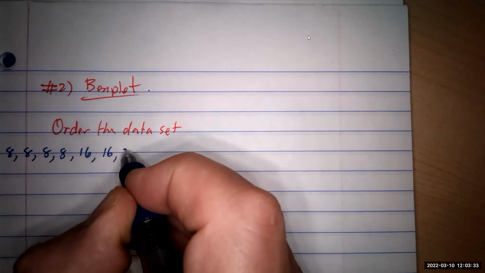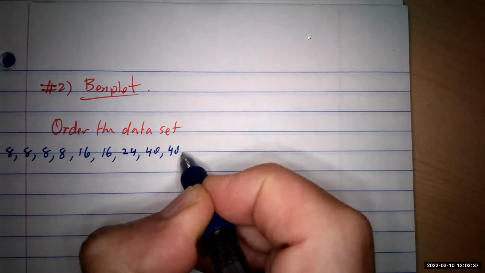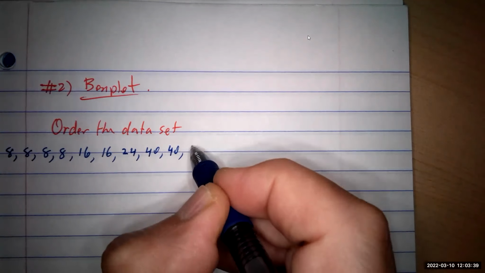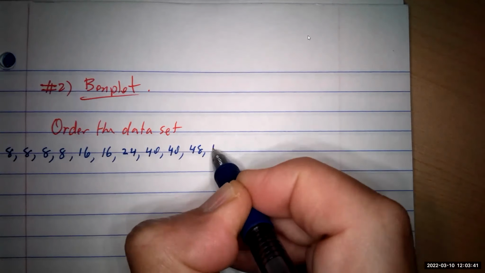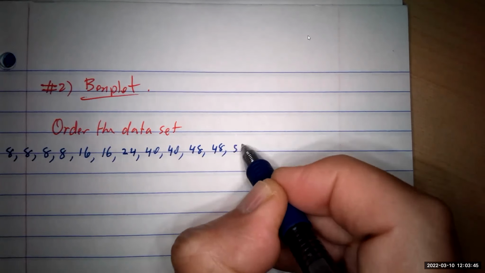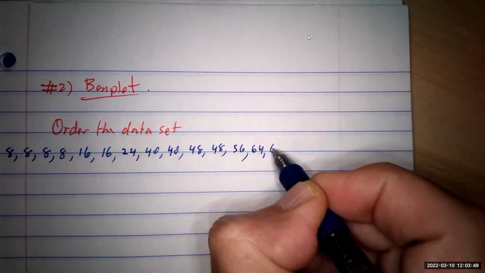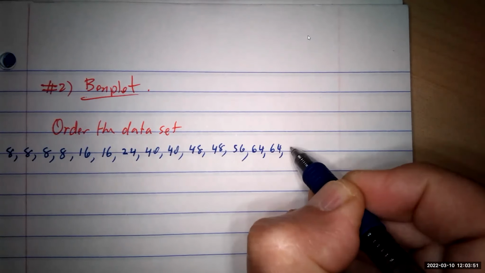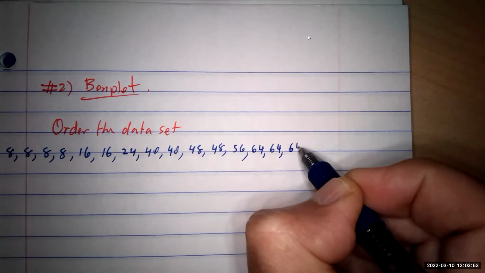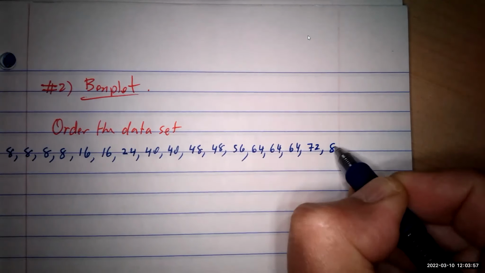Then a 24, 40, 40, 48, 48, 56, 56, 64, 64, 64, 72, 88. Again, the calculator will give you this result.